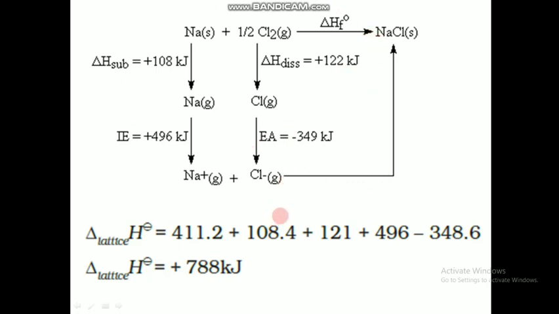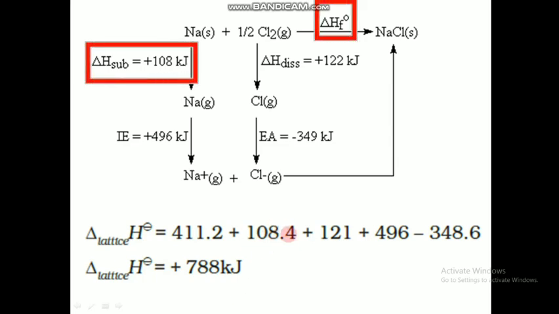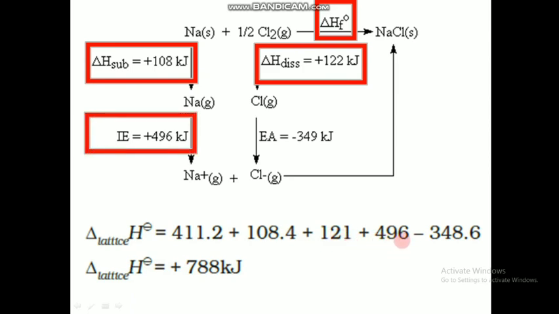So we just need to add the enthalpy of formation plus enthalpy of sublimation plus enthalpy of dissociation plus enthalpy of ionization plus enthalpy of electron affinity. As it was a negative value, it is given negative only. So when we sum all this, we get the same value of lattice enthalpy, which is 788 kilojoules per mole.